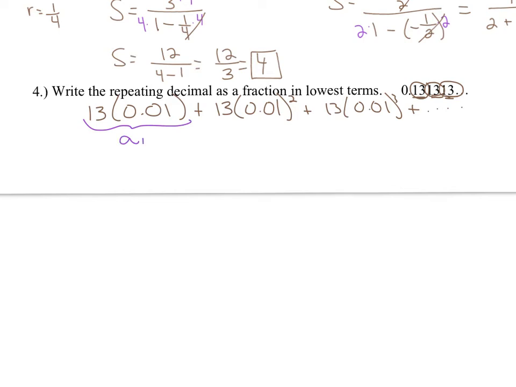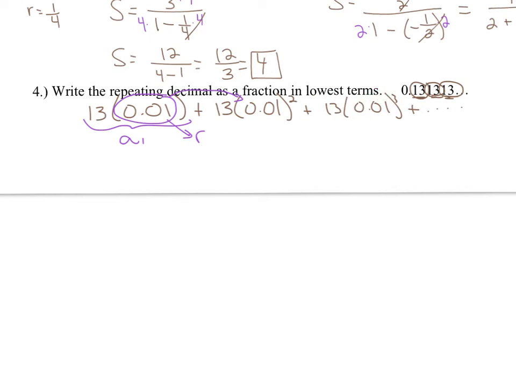And we have our common ratio of 0.01. Because to get to this next term, I had to multiply by 0.01. 0.01 times itself will give you 0.01 squared. If you multiply this term by another 0.01, you'll get 0.01 cubed. So that's your common ratio.